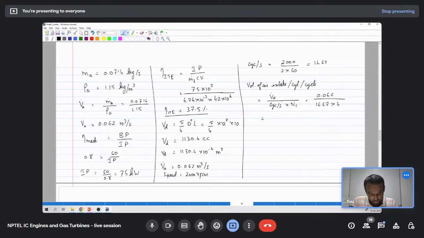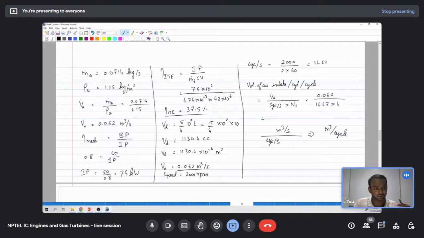Here the total volume of air that is going inside the engine every second is 0.062 meter cube, as given by V dot A. This is taken by 4 cylinders at the rate of 16.67 cycles per second. We have V dot A in meter cube per second, and in the denominator cycles per second, so this will give me meter cube per cycle. Then we have not considered the number of cylinders, so this is going in for all the 4 cylinders.